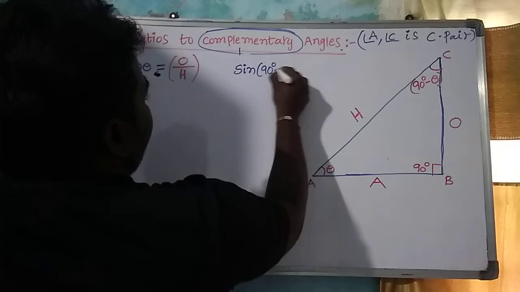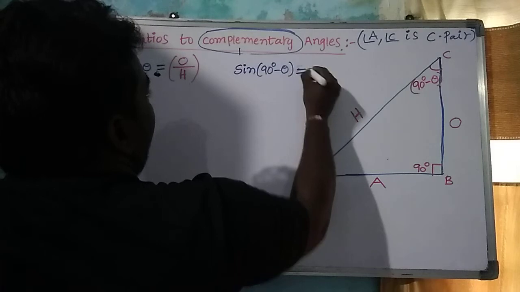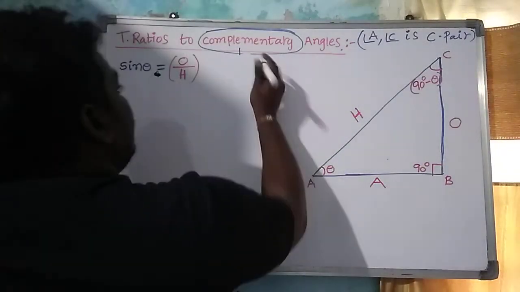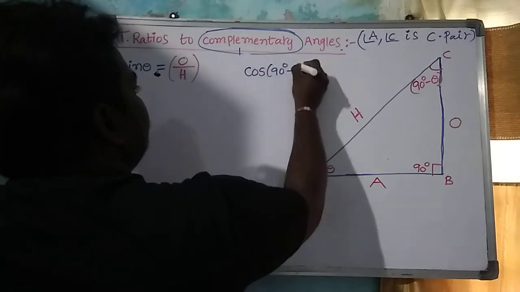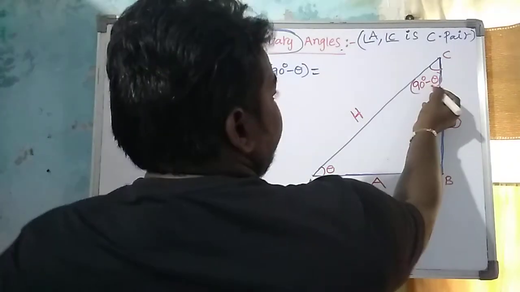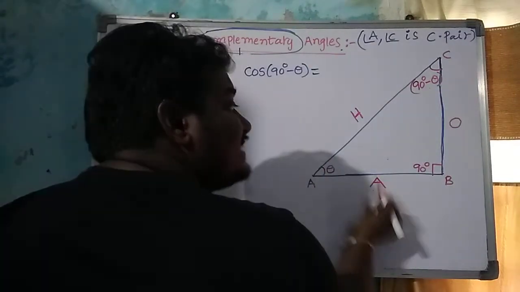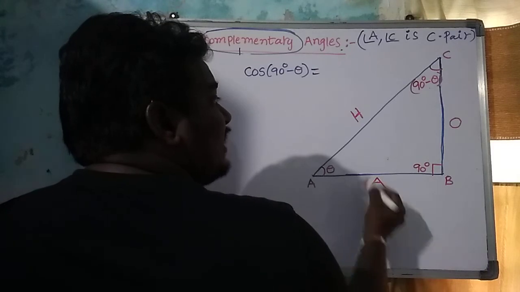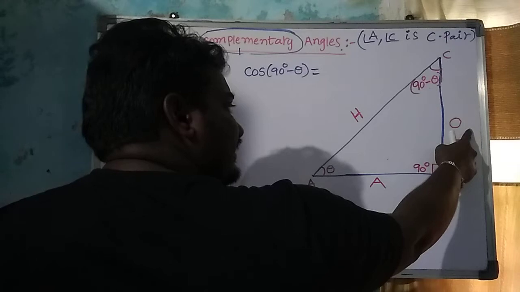Sine theta means opposite by hypotenuse. Opposite to sine of 90 minus theta, I will say cos 90 minus theta. Opposite to 90 minus theta we have the adjacent side, so the opposite side here is becoming the adjacent side.